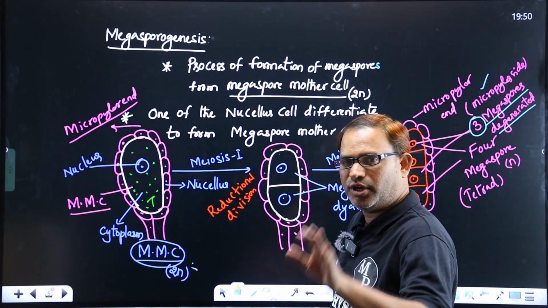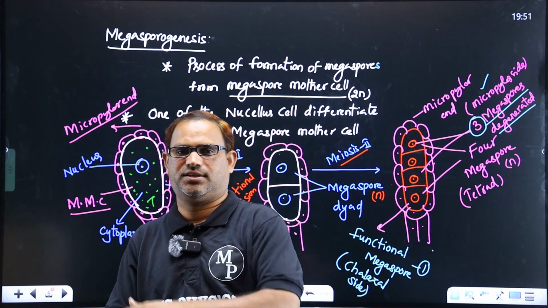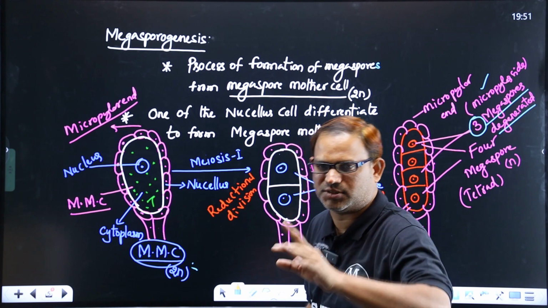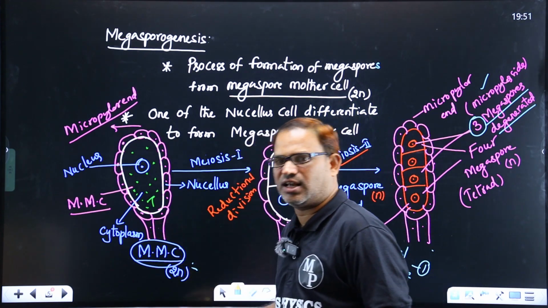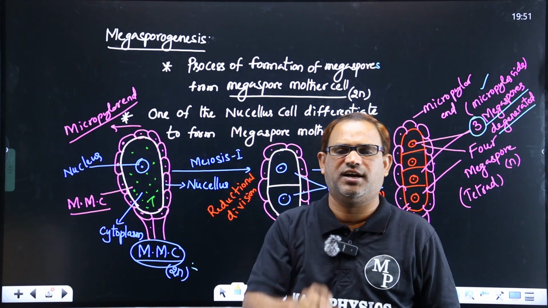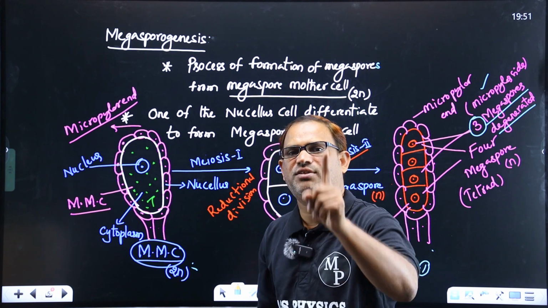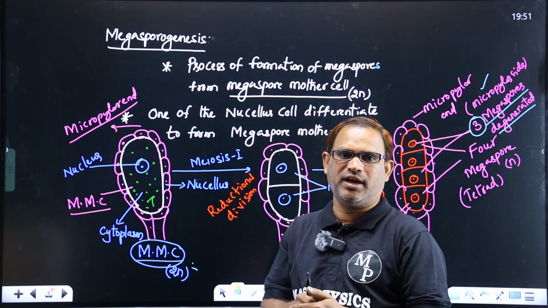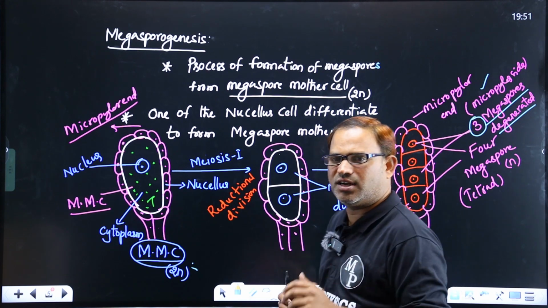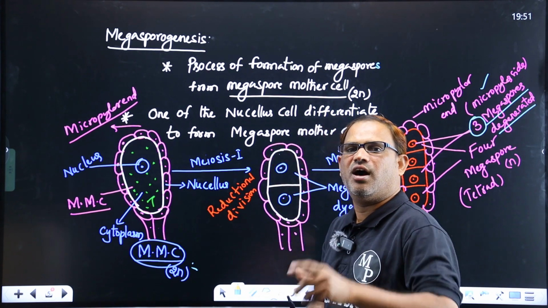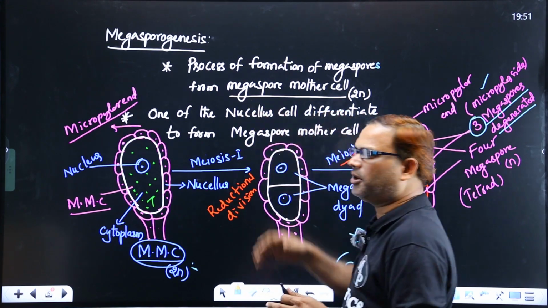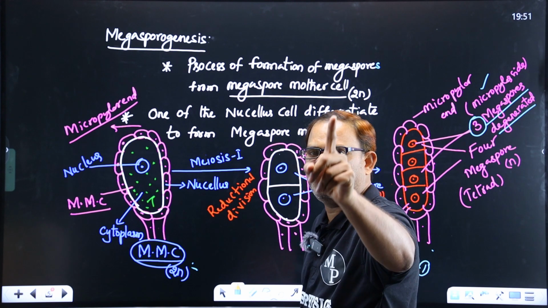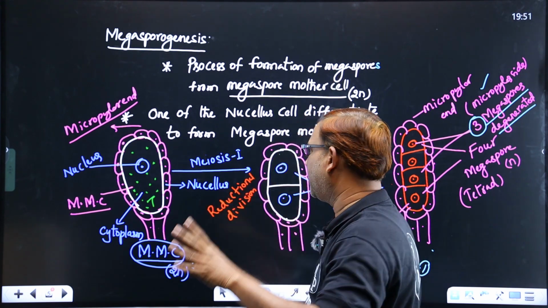The reason is to ensure the formation of a haploid gametophyte, the female gametophyte, that is, the haploid embryo sac. That is why the megaspore mother cell compulsorily undergoes meiotic division. I left this NCERT question for you. That is the answer.